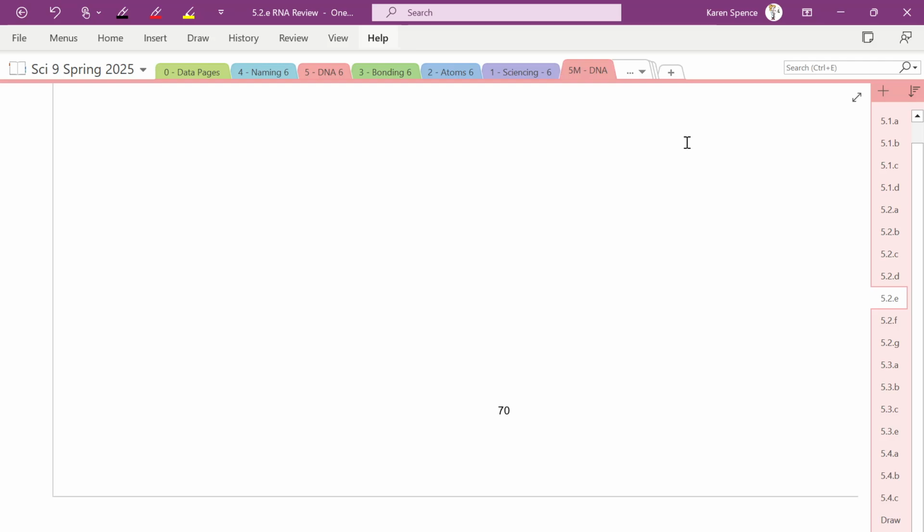Oh, your quiz, yes, it's right here. There you go. Anybody need more paper for their RNA? Not yet. You want some? Where did I put it?